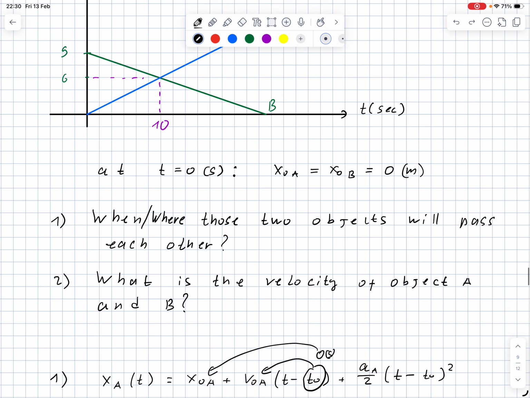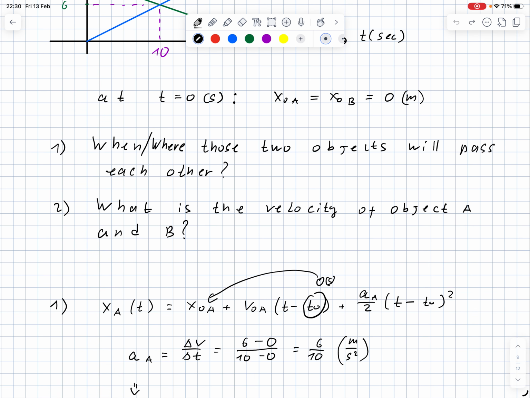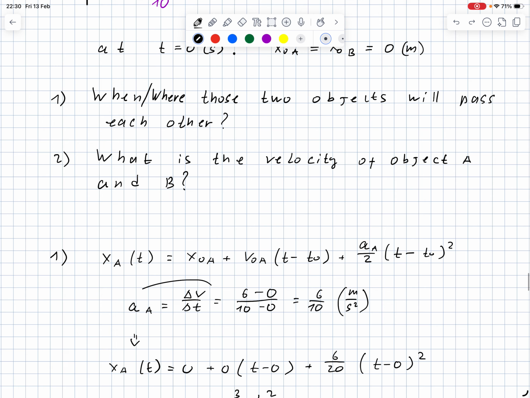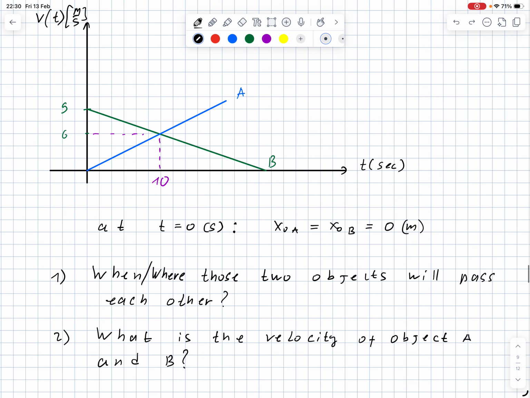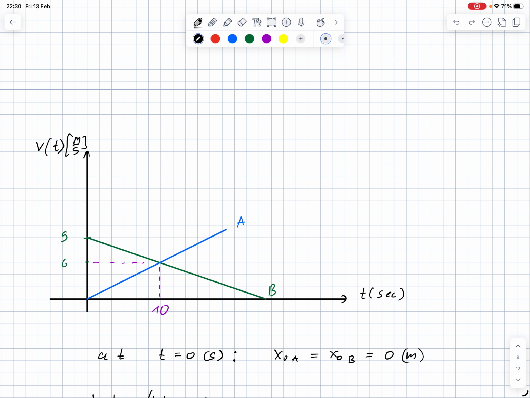However, I still do not know the acceleration of object A. So we're going to use this formula, the definition of constant acceleration, which is delta V divided by delta t. Okay, do we have 2 points or coordinates? Yes, we do. This is the second coordinate and this is the first coordinate.